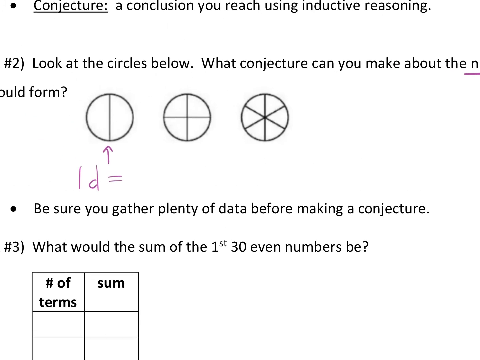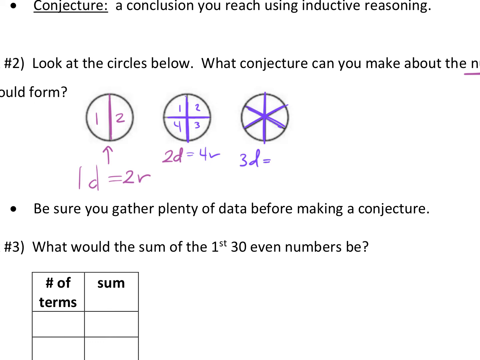So one diameter gave me 2 regions. 2 diameters gave me 4 regions. It doesn't add 2 every time. Multiply by 2. 3 diameters gave you how many regions?